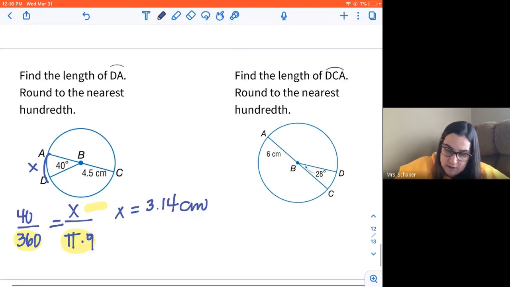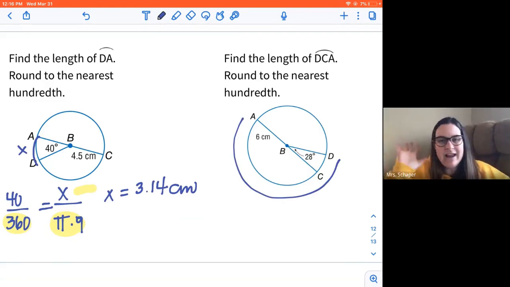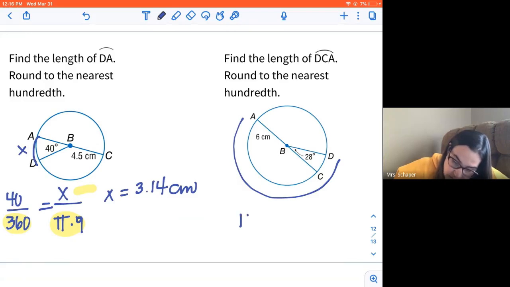Let's try the next one. Here we go. One more and then it's going to be work time. Find the length of DCA. So again, I like to draw it. It just helps me out. So I've got 118 over 360. Nope, that's not right. 180 plus 28 is 208. All right, so I have 180 plus 28 is 208.